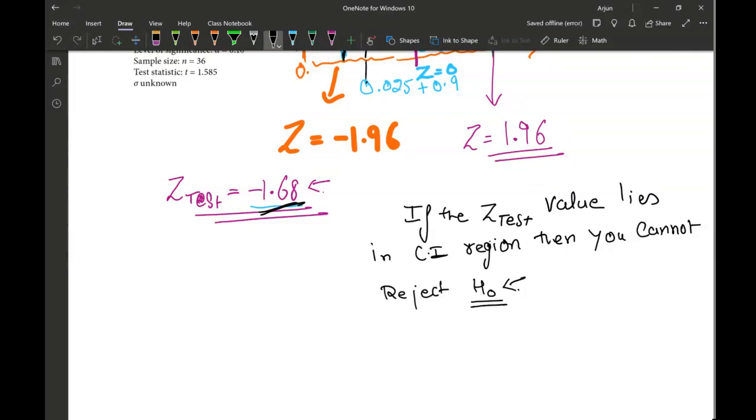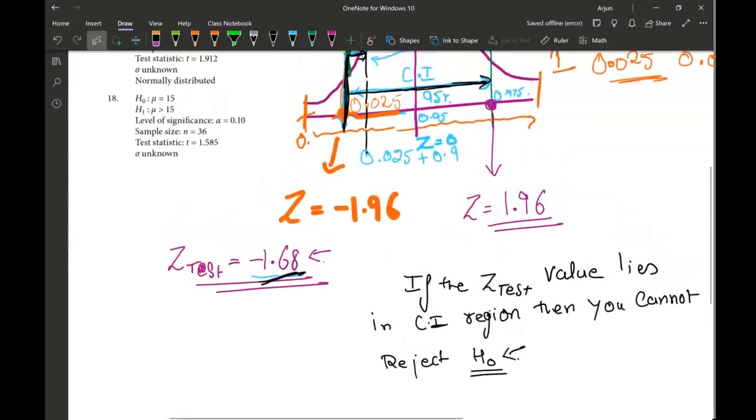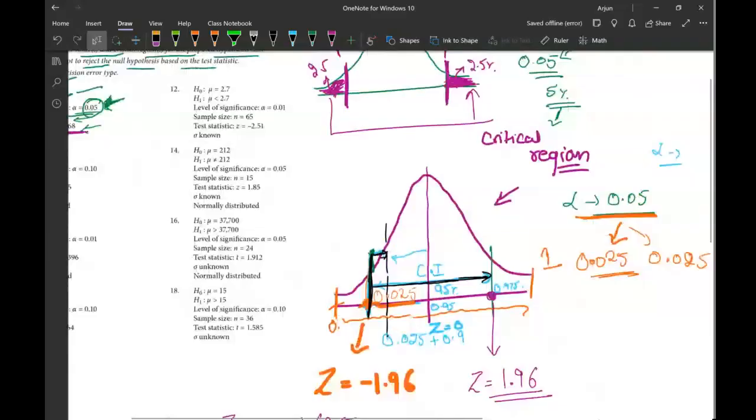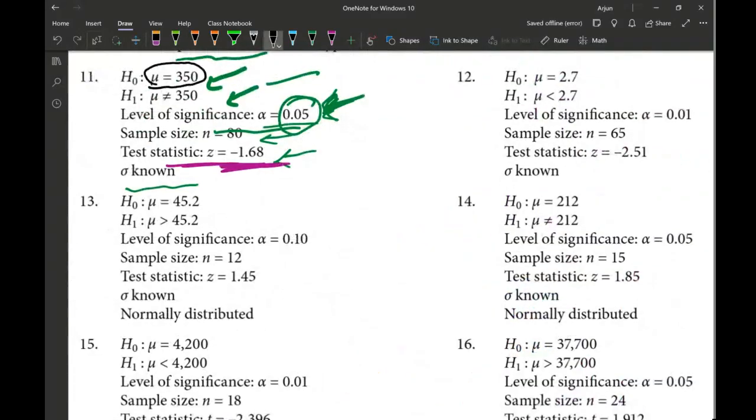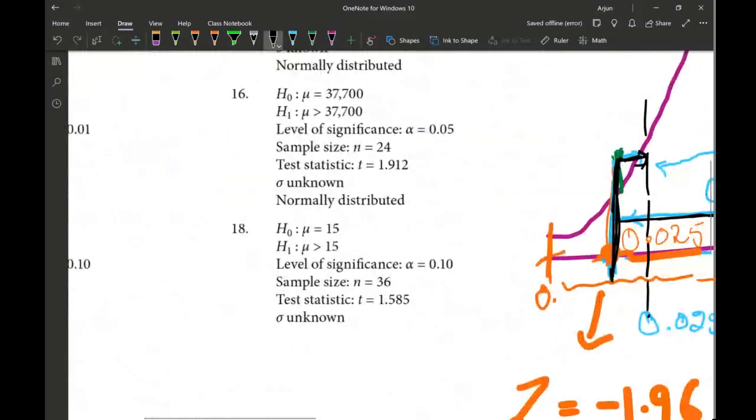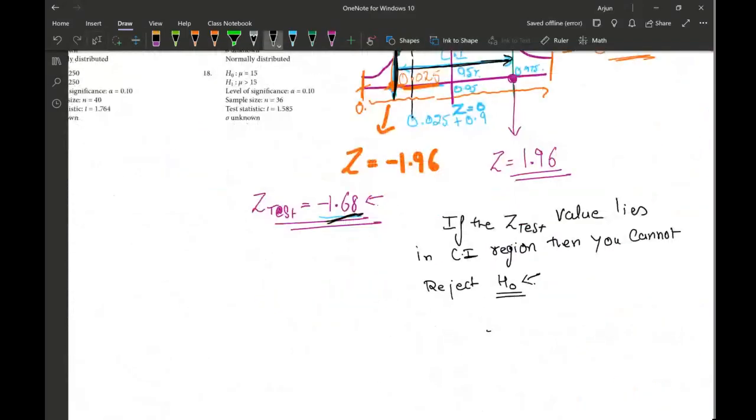If you cannot reject the null hypothesis, it means whatever the premise is, that the mean is equal to 350, we will accept it. So the mean is equal to 350.